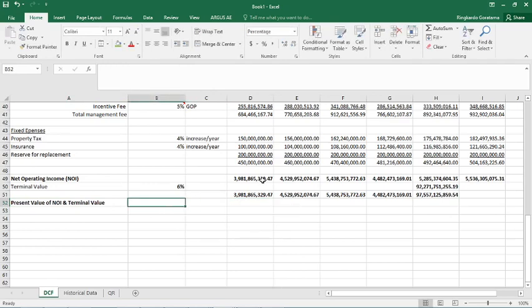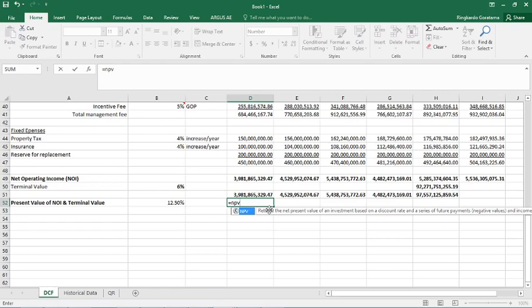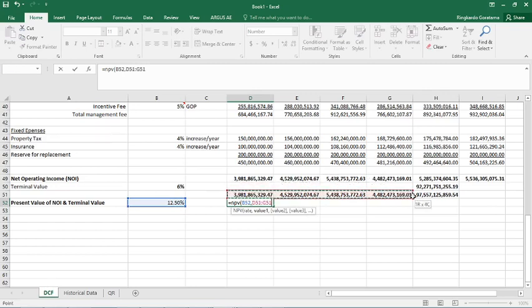Let's say the rate is 12.5. So the NPV will be the rate and also the value.